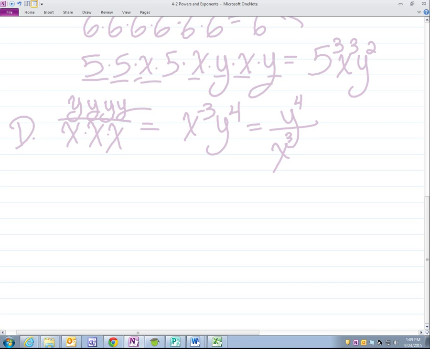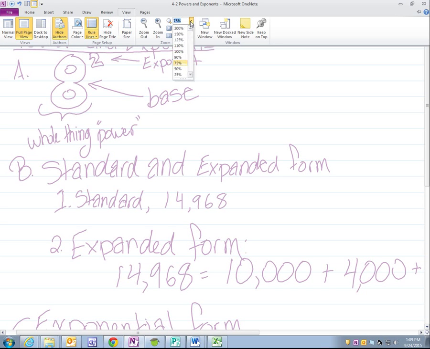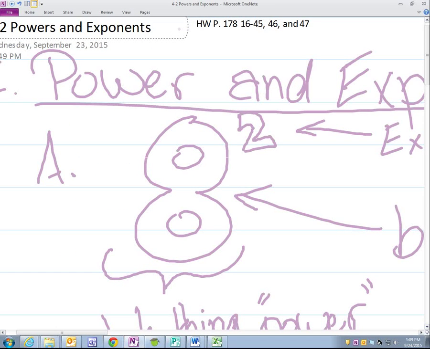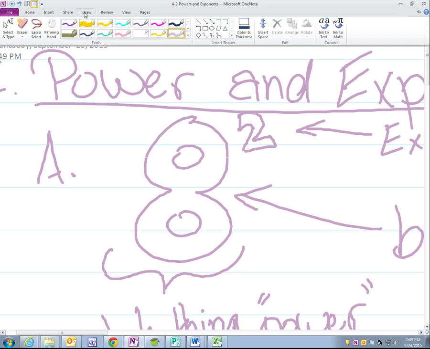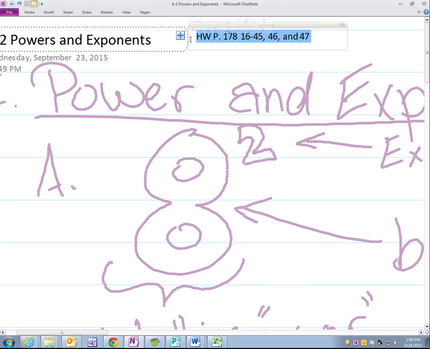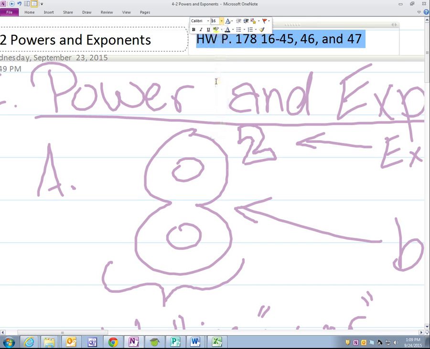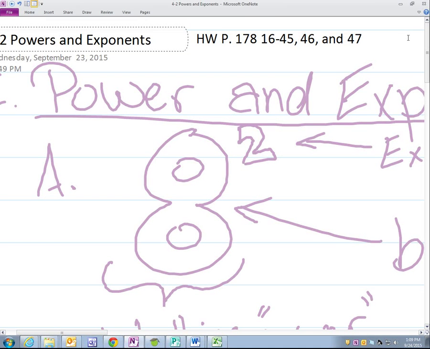Got that written down. Good. Your homework is page 178, 16 through 45. It goes real quick.